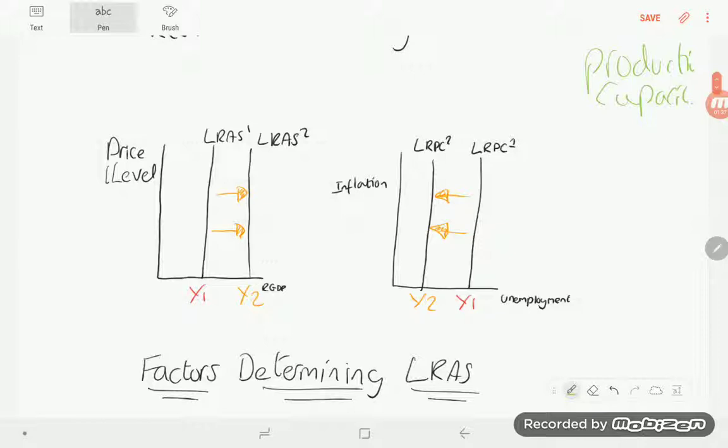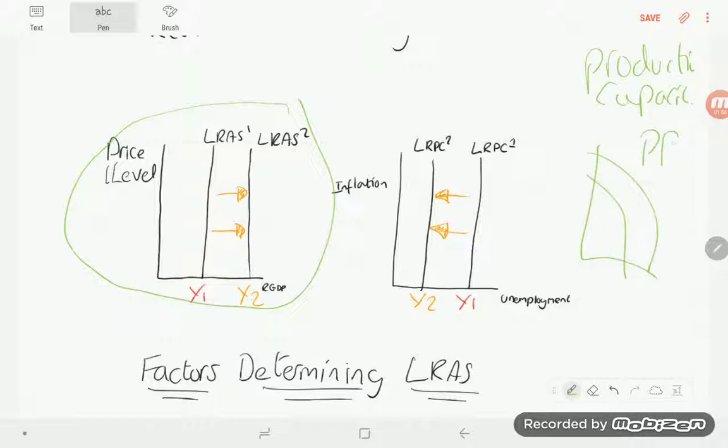So what happens? Quite simply, if the long run aggregate supply were to shift to the right, we would have an increase in our productive potential. That is the same as saying the PPF curve is shifting outwards.